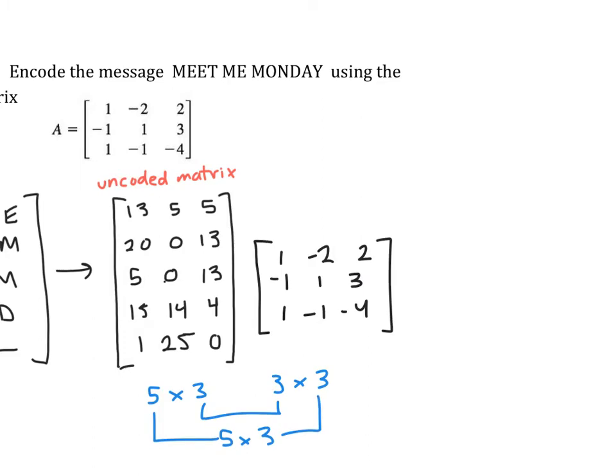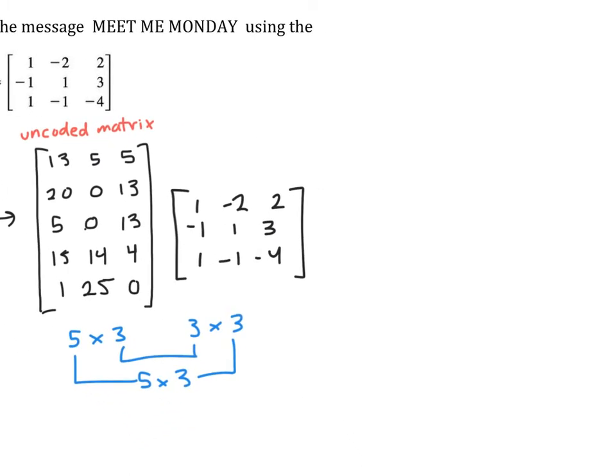So remember, the process for matrix multiplication is you multiply the corresponding numbers in this row with the corresponding numbers in this column. So we do 13 times 1, plus 5 times -1, plus 5 times 1, and so that will give us 13.